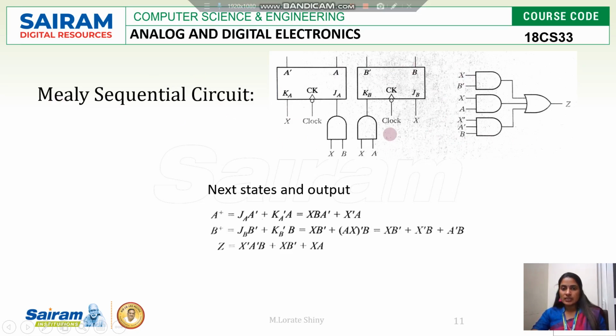So this is the circuit. We used JK flip-flop here. We know the characteristic equation of the JK flip-flop, and from that we will write the next state.